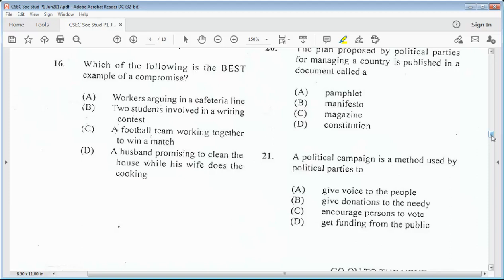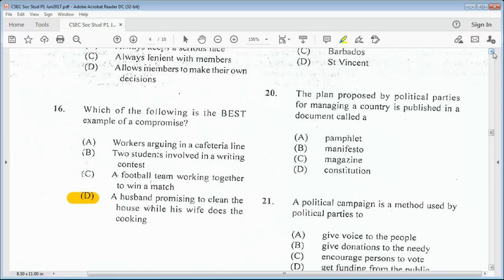That's competition. No. D, a husband promising to clean the house while his wife does the cooking. Yes. It is usually the wife's role to do the cleaning, but being that she's cooking, the husband decides to assist her to clean the house.